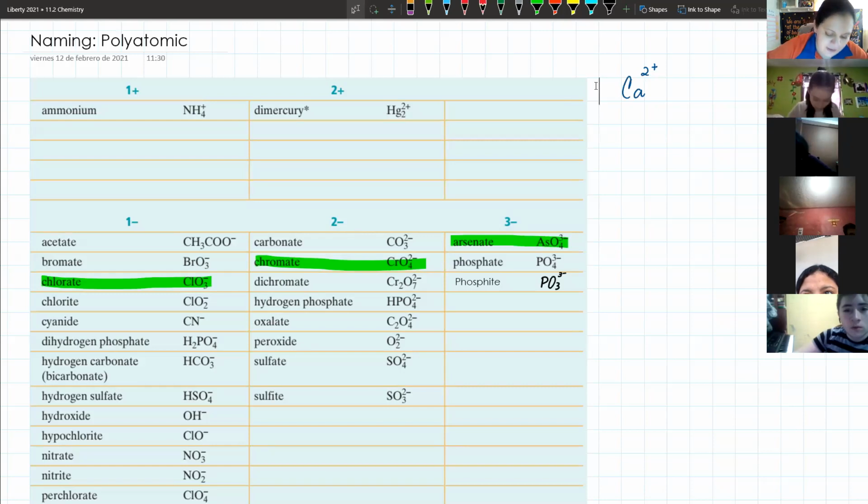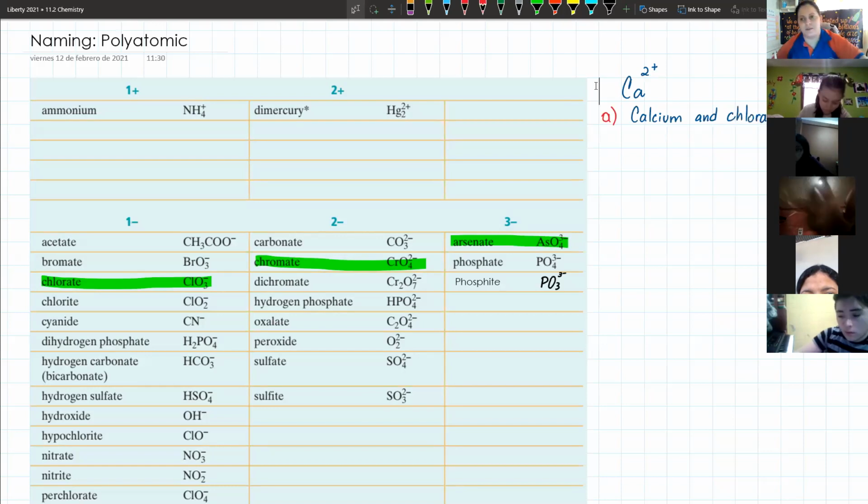So I'm going to give you right now the first example. I have calcium, and the first one that I highlighted was chlorate. That is the first example that I will explain.